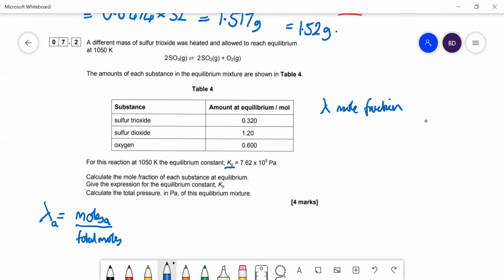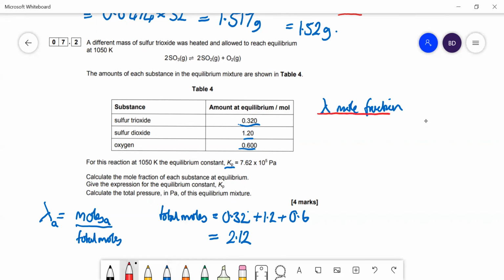The total moles is going to be 0.32 plus 1.2 plus 0.6. That is equal to 2.12.